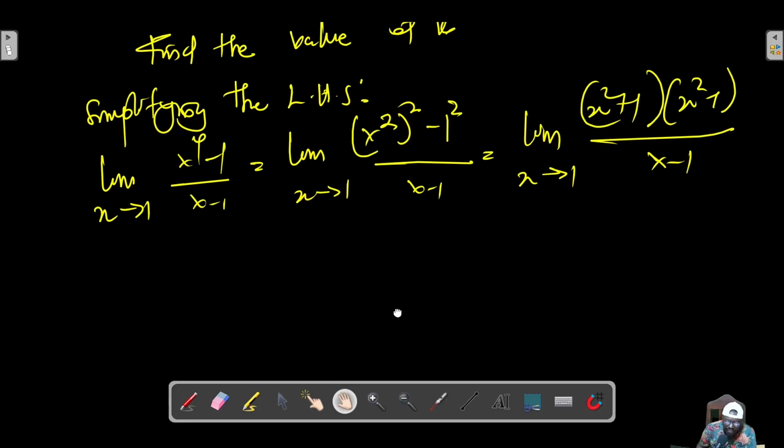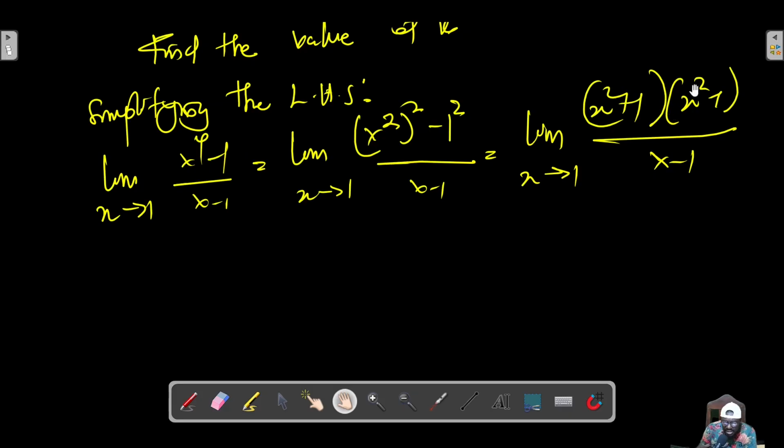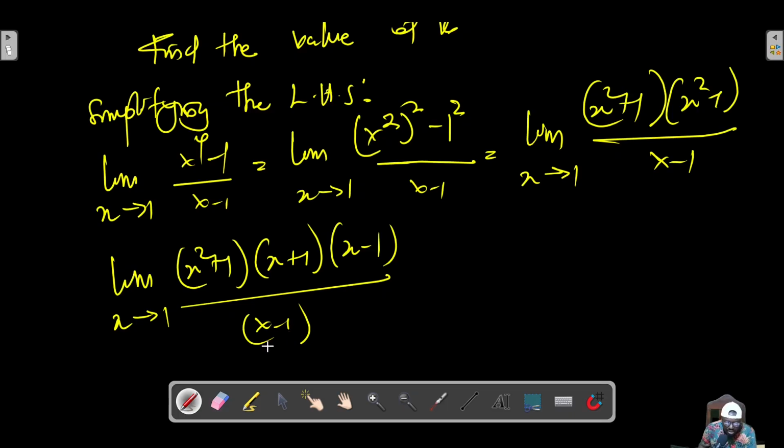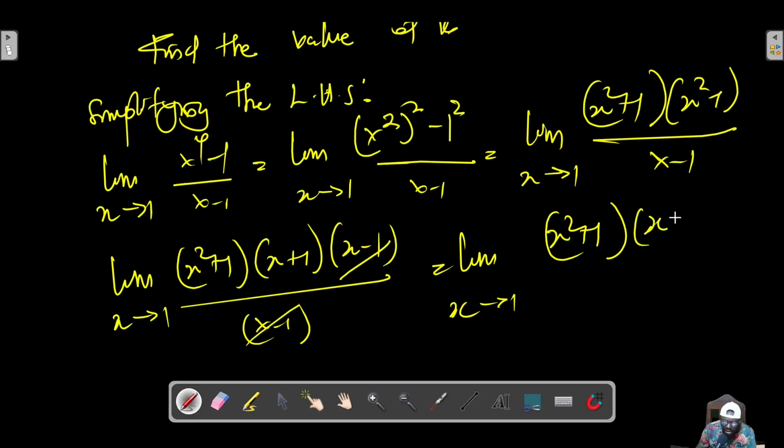We can further factorize this term. So limit as x approaching 1 of x squared plus 1, x plus 1, x minus 1 all on x minus 1. This term cancels out this term, so we end up with the limit as x is approaching 1 of the expression x squared plus 1 times x plus 1.